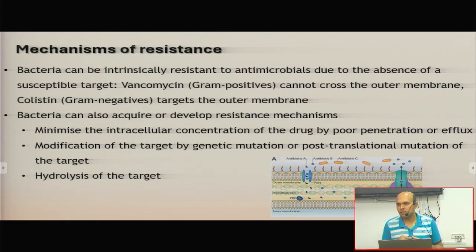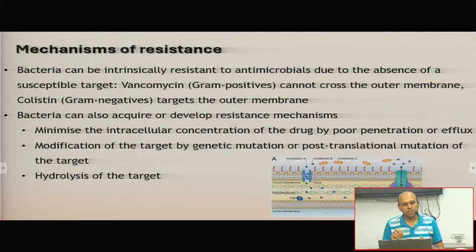Or efflux. What is efflux? You know what efflux is, right? Take the antibiotic and throw it out of the cell. There are lots of efflux pumps, and gram negatives are very famous for efflux pumps. In general, gram negatives have a very wide range of mechanisms compared to positives.